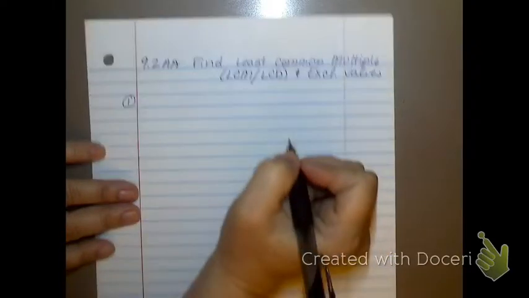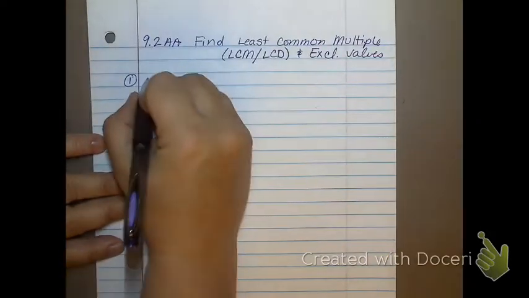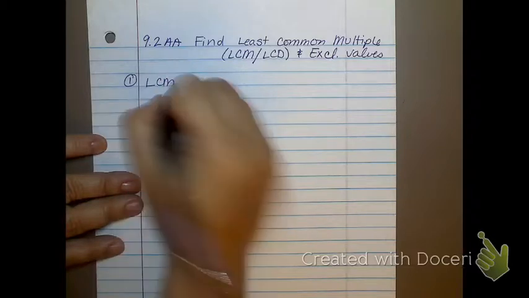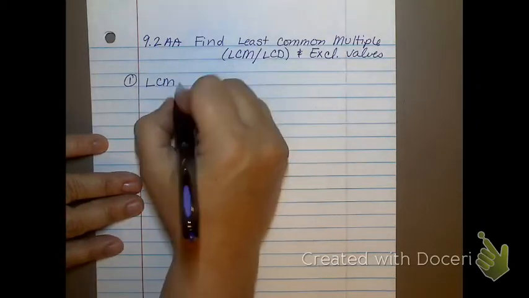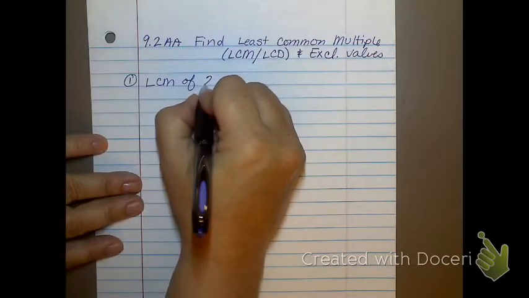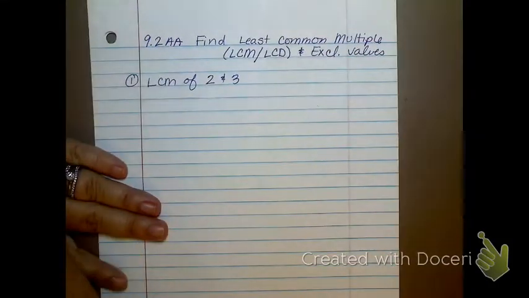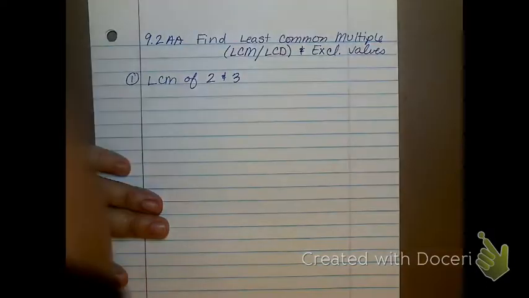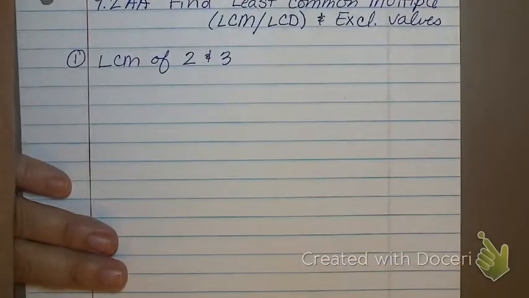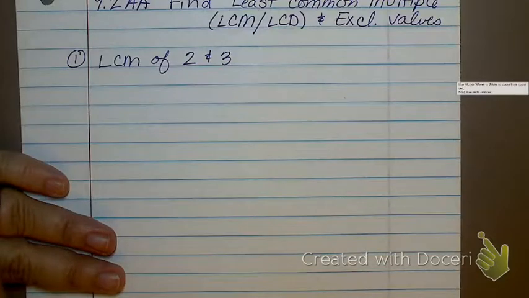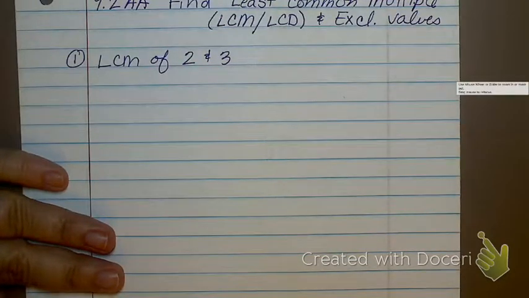Okay, you ready? What is the LCM, or the least common multiple, of 2 and 3? How would I find the least common multiple, or the common denominator, however you want to think about it, if 2 and 3 are the numbers I'm looking to find the least common multiple of? You could do a factor tree, but 2 and 3 are both prime, so their factor tree is kind of a seed. That's it.